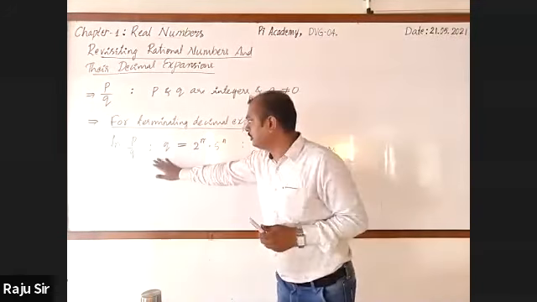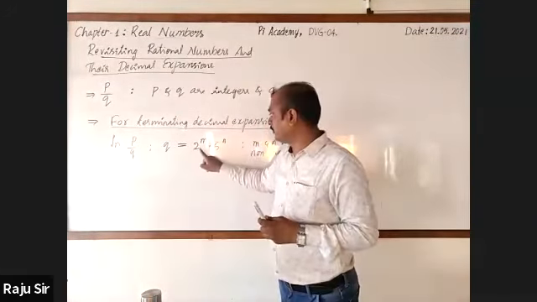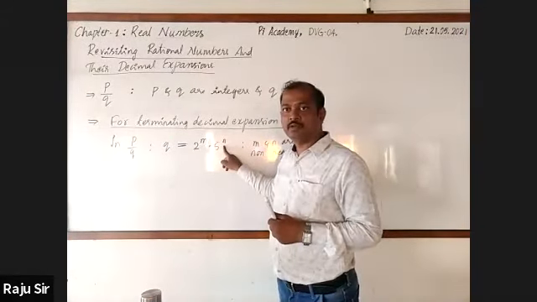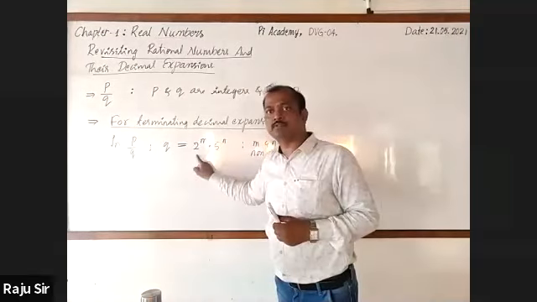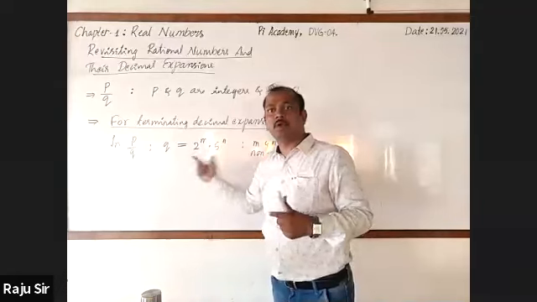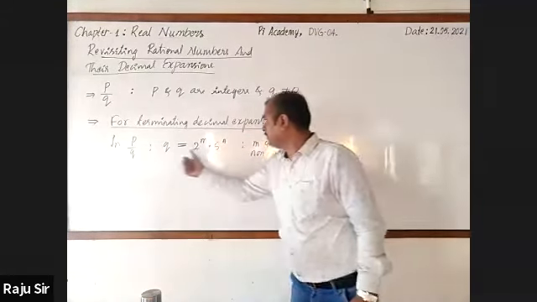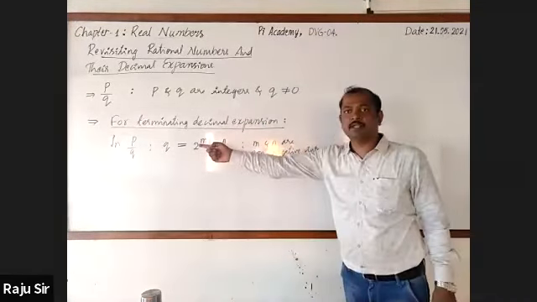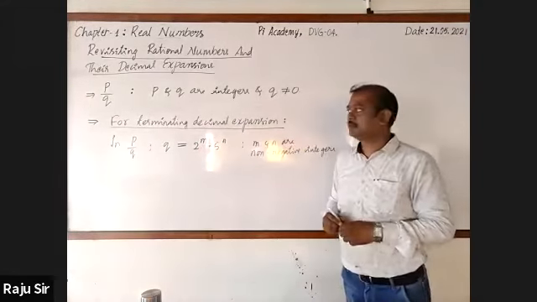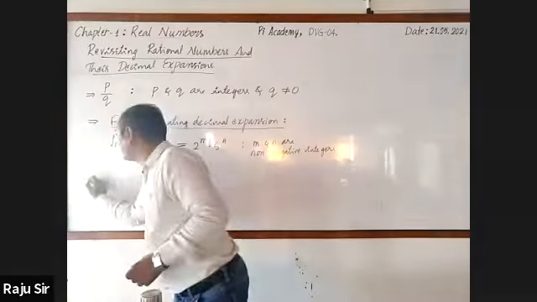If q is in the form 2 raised to the power m into 5 raised to the power n, or there may be only 2 raised to the power m, or only 5 raised to the power n, or both may be there, then we can say that the decimal expansion of that number will be terminating.